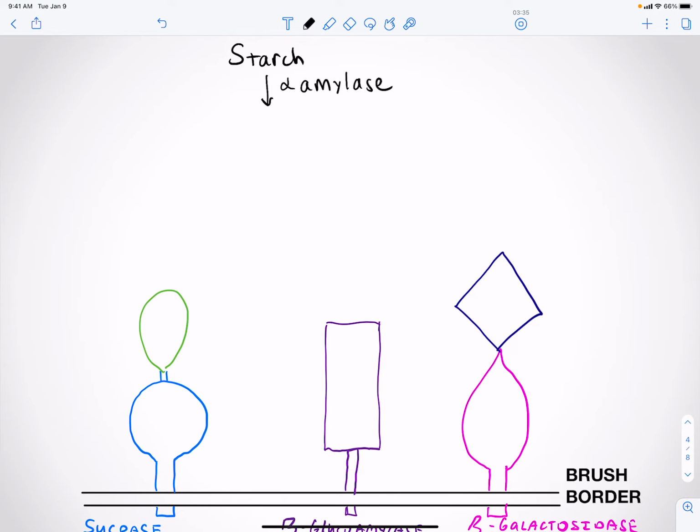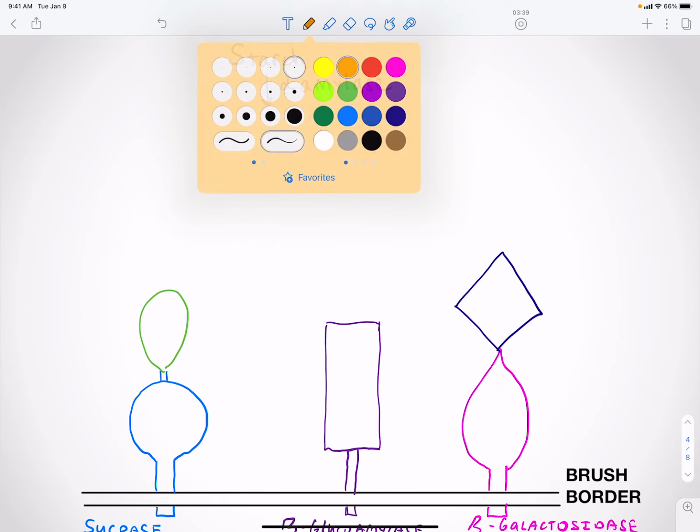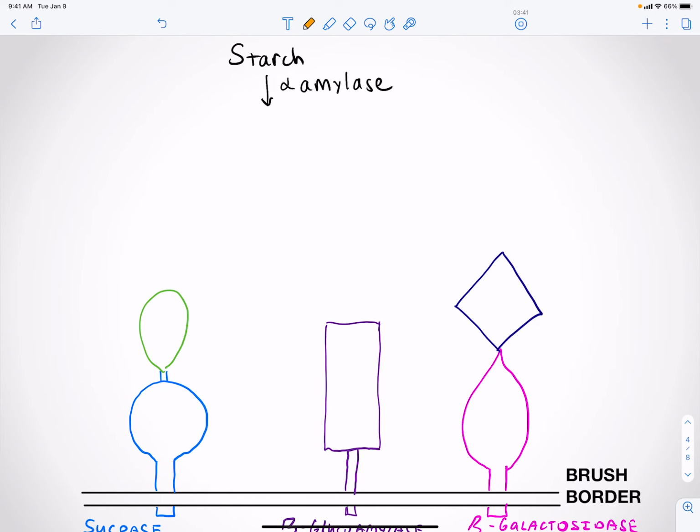And then alpha amylase worked on this, and then you were left with glucose molecules that are amylose, and also amylopectin, with the branches.